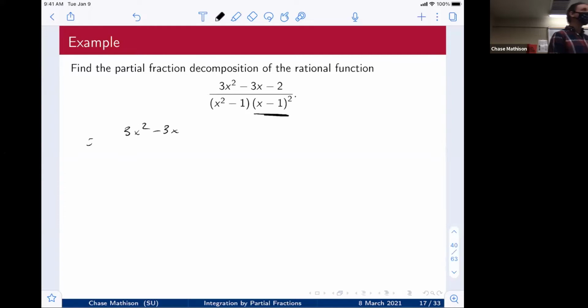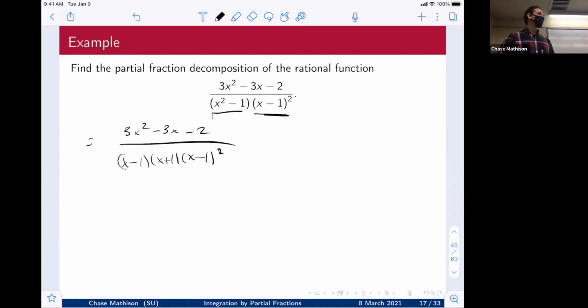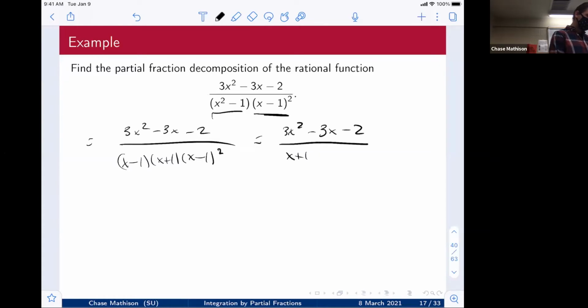Because that's a repeated linear factor, there's nothing I can do about that. But what does x squared minus 1 factor as? Good. So I can rewrite this as x minus 1, x plus 1 times x minus 1 squared. And so this becomes 3x squared minus 3x minus 2 over x plus 1 times x minus 1 cubed. Okay.